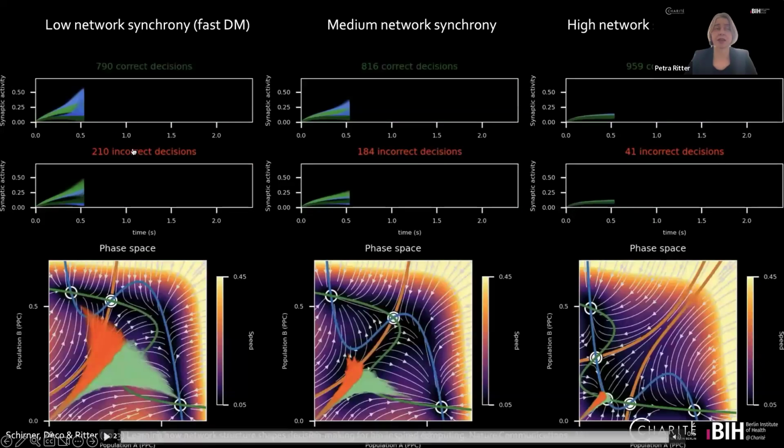So here you see again the simulations, and we stop now the simulation at 0.5 seconds, 1,000 simulations per category, and we look at the phase space at the same time. The phase spaces are reconfiguring during the simulation.